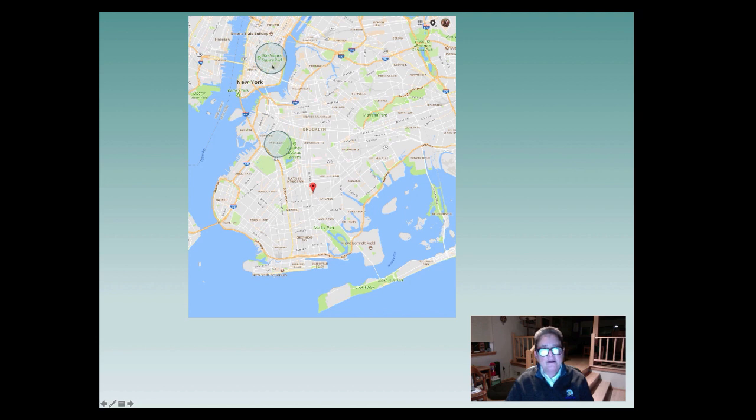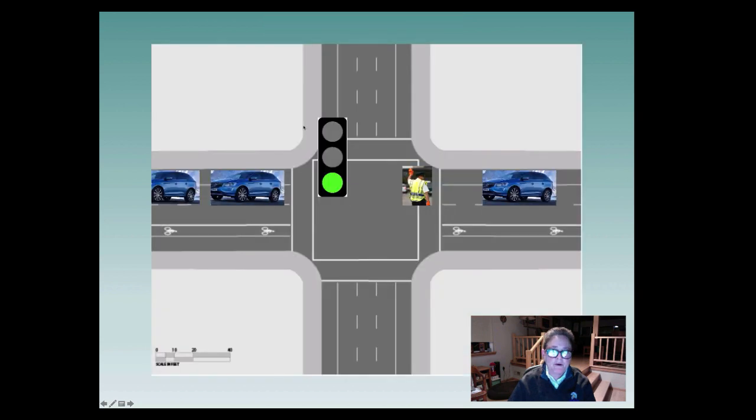Right here in Washington Square Park, or very close to there, 1 block away, was where my office was located at NYU. So I would literally drive down Flatbush Avenue for a couple of miles, go over the Manhattan Bridge, and then jog over, meaning with my car, to Washington Square Park.